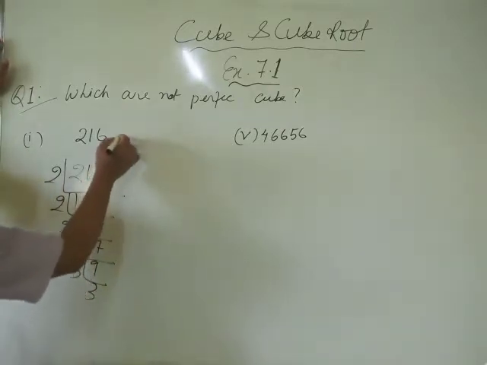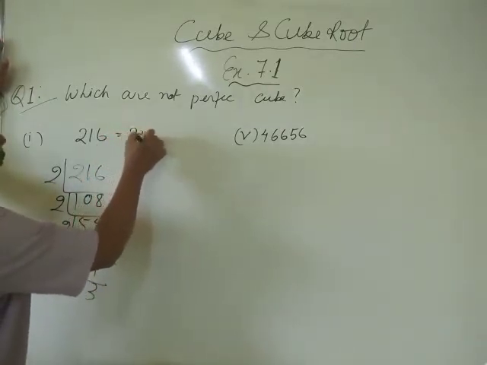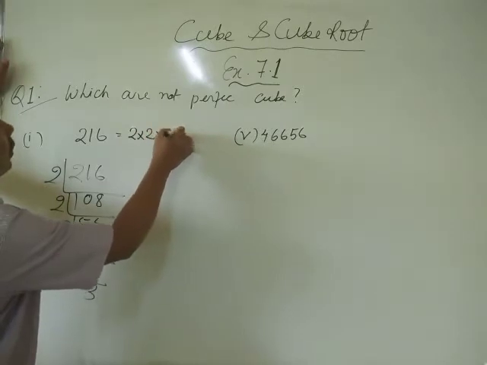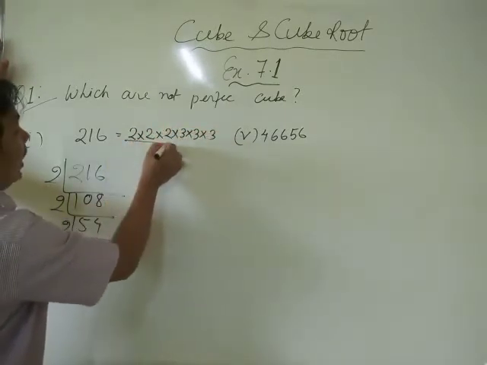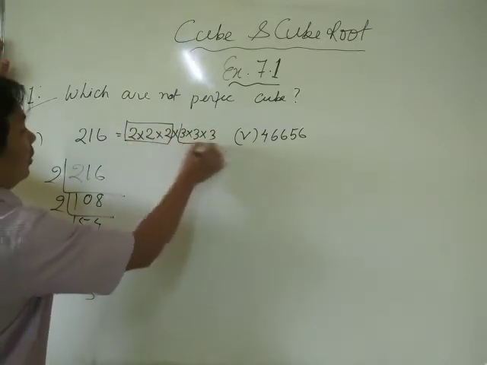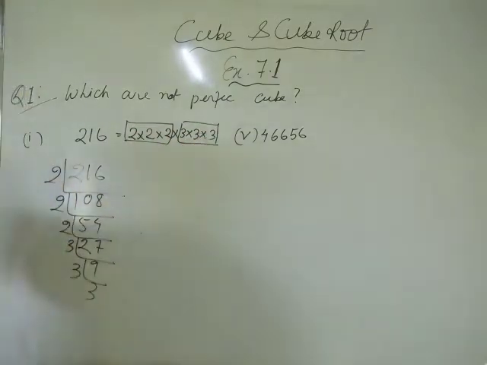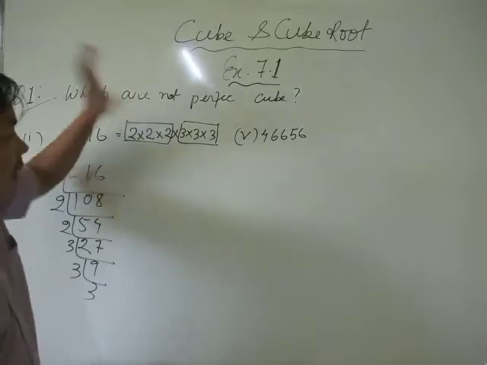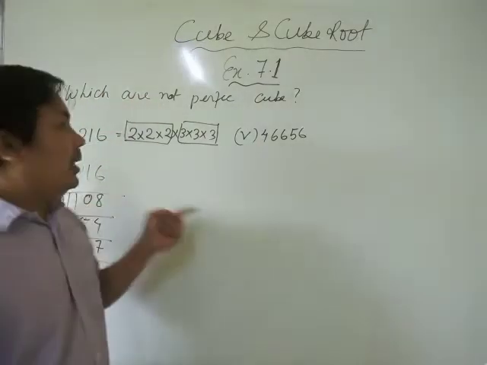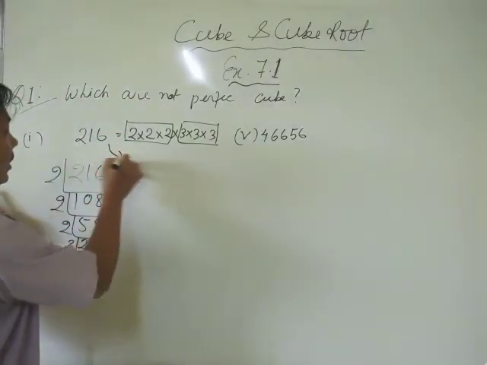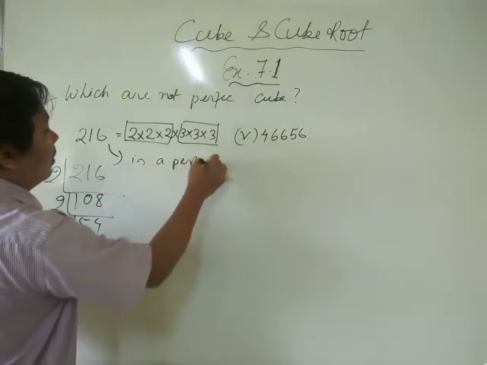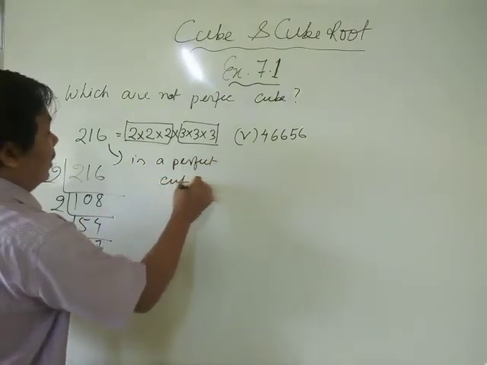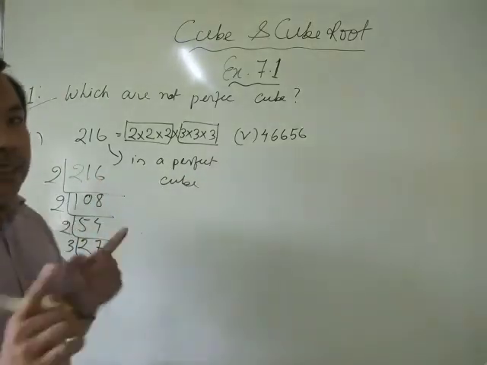So this can be expressed as 2 into 2 into 2 into 3 into 3 into 3, and we get here that the prime factors can be grouped 3 times, isn't it? Then this is a perfect cube. 216 is a perfect cube.